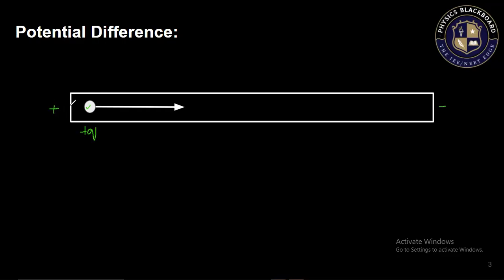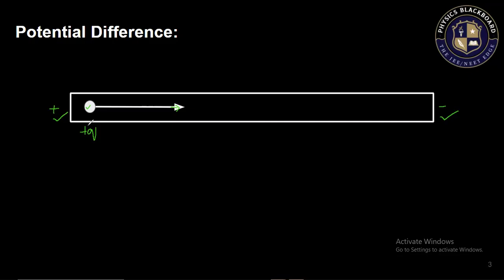The battery provides the potential difference in a circuit. That is, the high potential of a battery is the positive terminal, and the low potential is the negative terminal. Here you see that a positively charged particle will start to move from high potential to low potential. It is all due to the potential difference across the conductor.